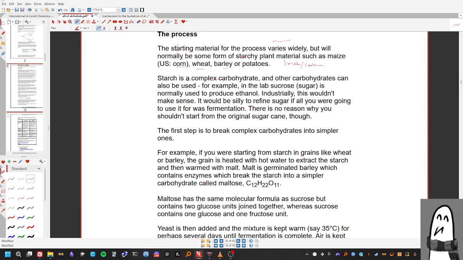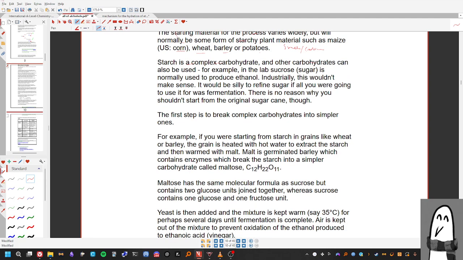Industrially, though, this wouldn't make sense, since it would be silly to refine sugar if all you were going to use it for was fermentation. There's no reason why you wouldn't start from the original sugar cane, right? Why would you spend all that money manufacturing sugar when you could just use the raw material?